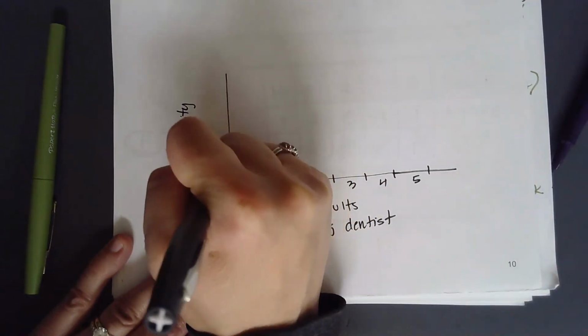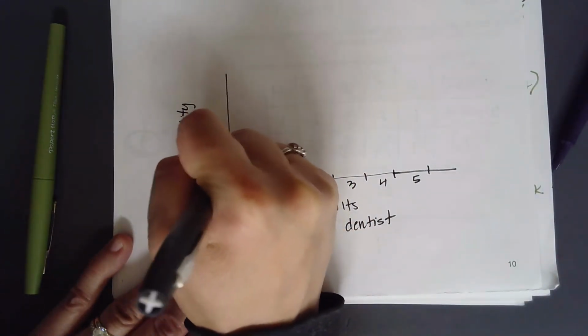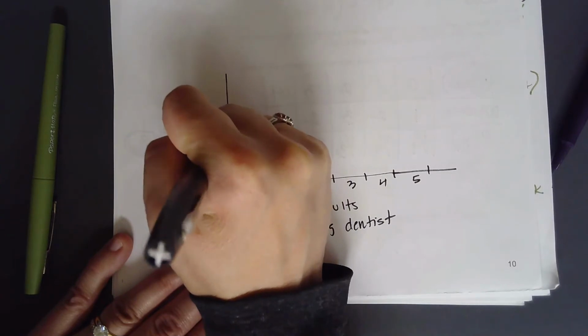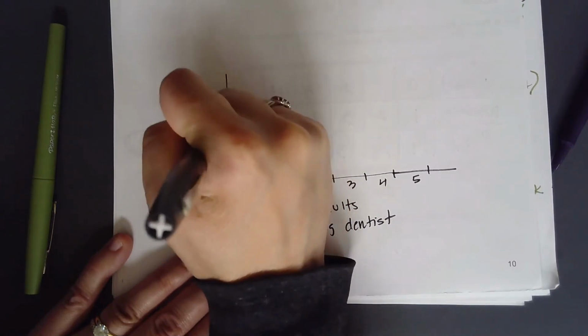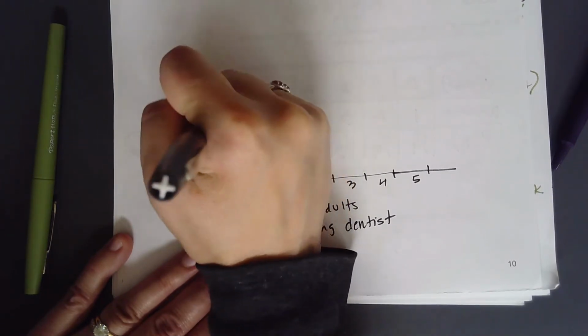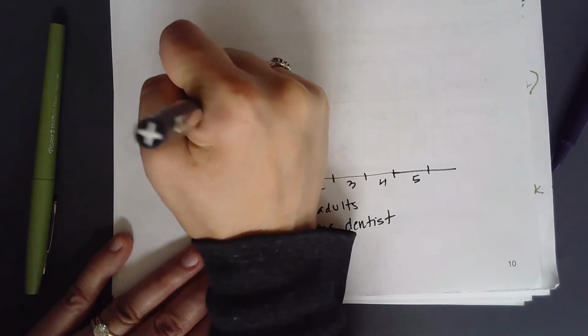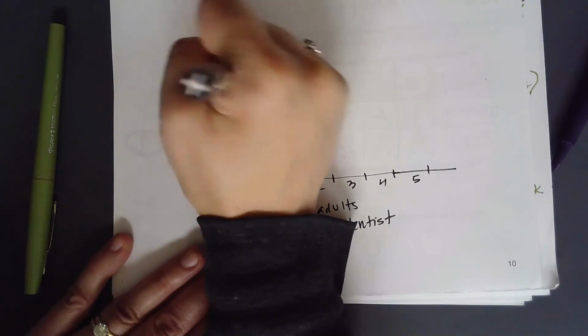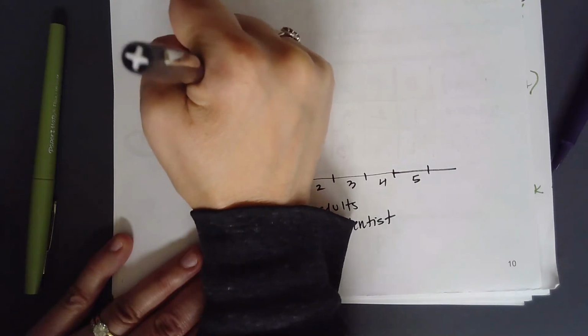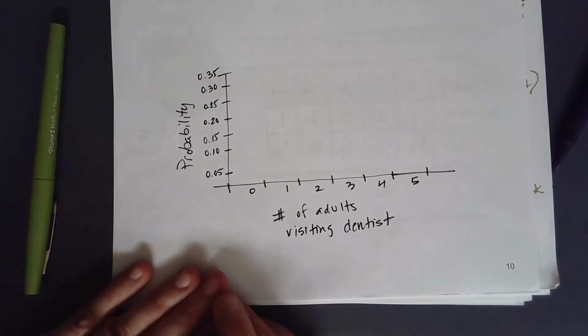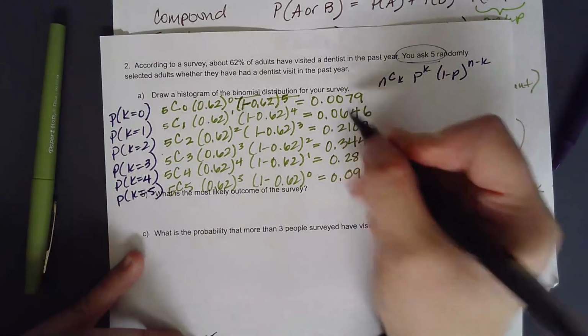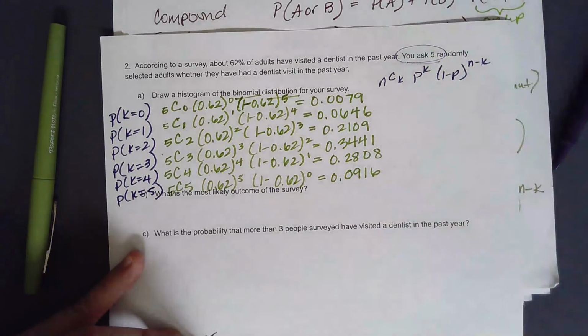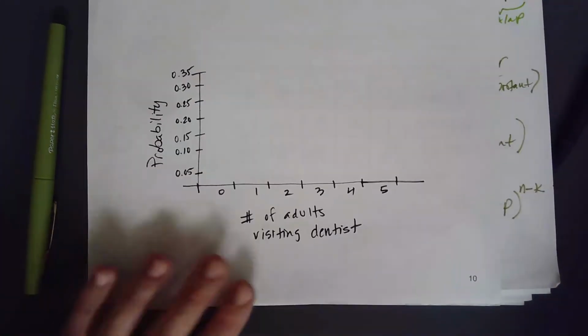So 0.05, 0.10, 0.15, 0.20, 0.25, 0.30, 0.35. I thought about counting by 0.05 because my numbers go from pretty small, right? And then the highest number is 0.3441. All right, so that's my scale on my y-axis.